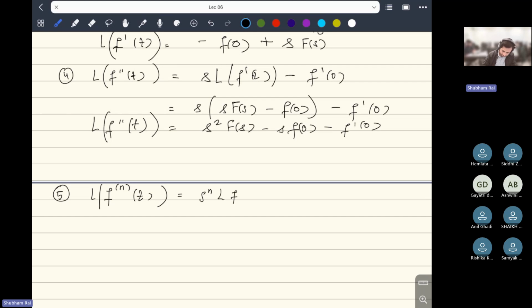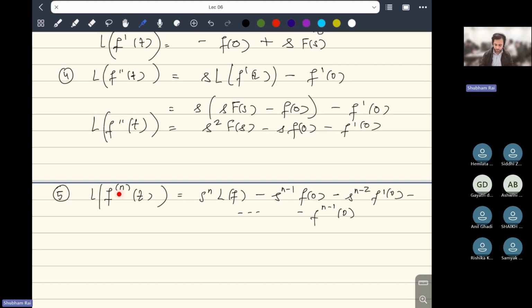And the Laplace transform of f minus s to the power n minus 1 f of 0. Then you'll get s to the power n minus 2 f prime 0, and it will go up to minus the (n minus 1)th derivative evaluated at 0. This will be the generalized form.